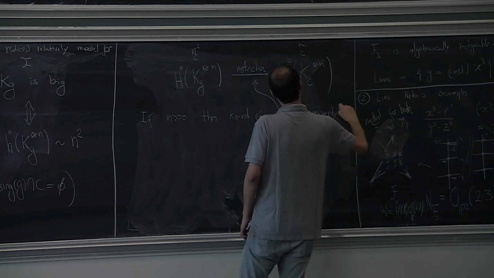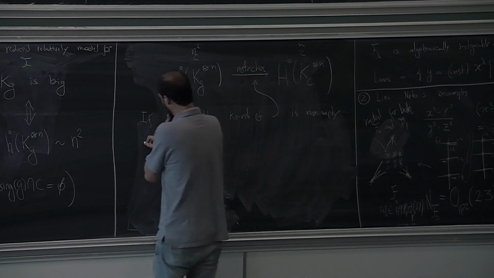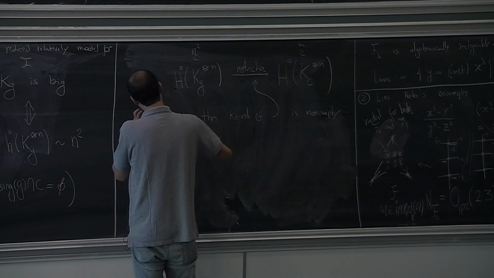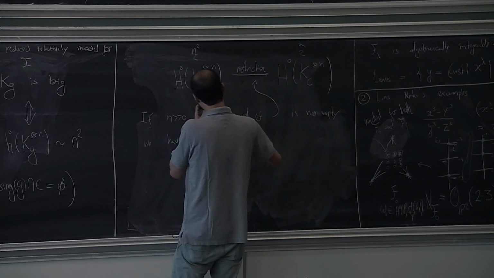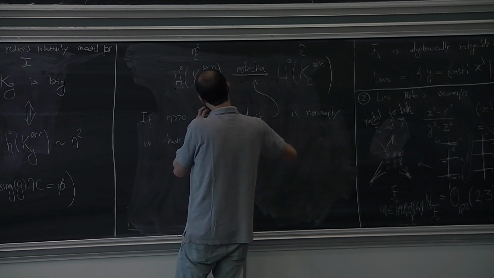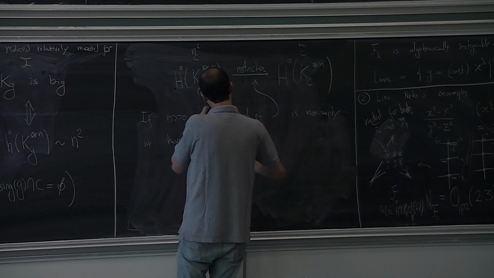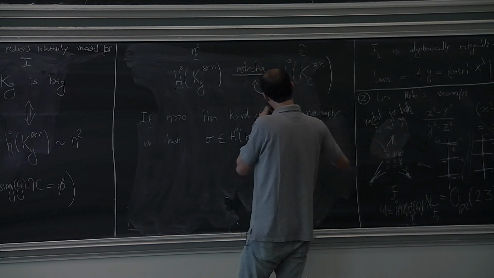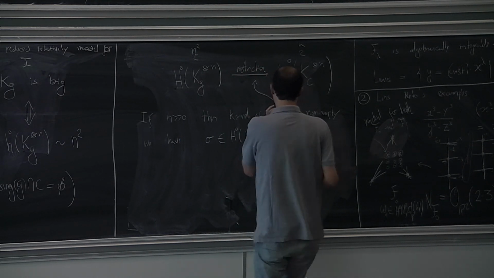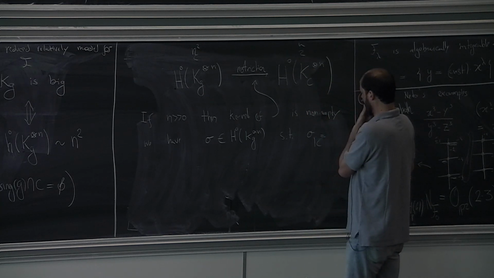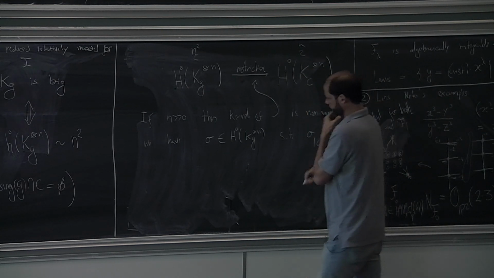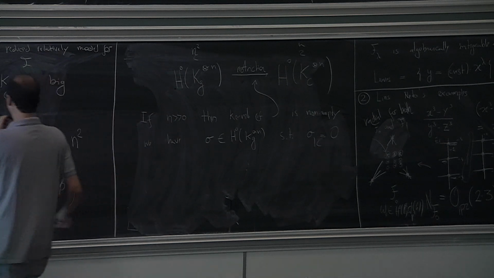And so we have sigma in H0 of Kj tensor n such that sigma restricted to C is equal to 0. But now let's see what we are doing.